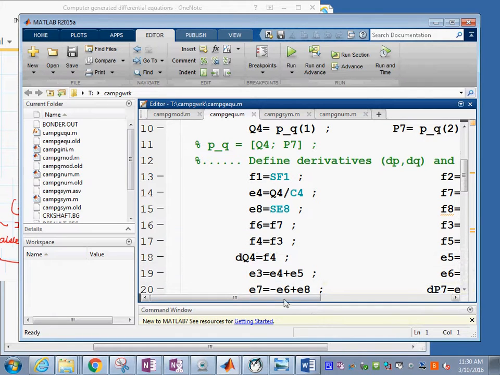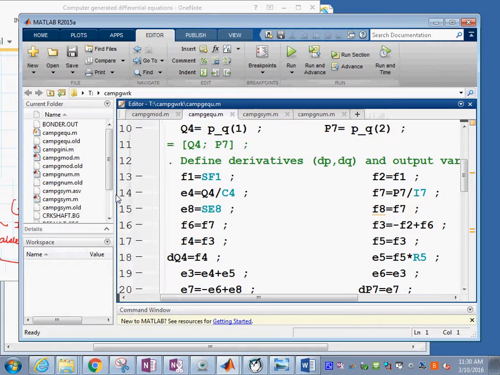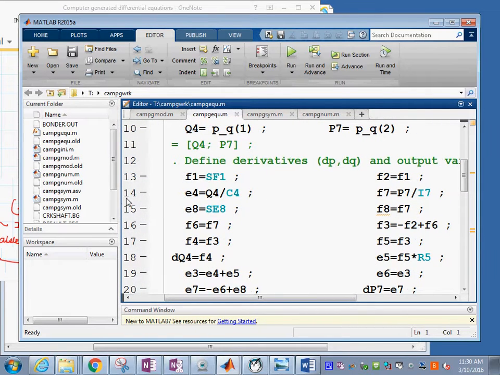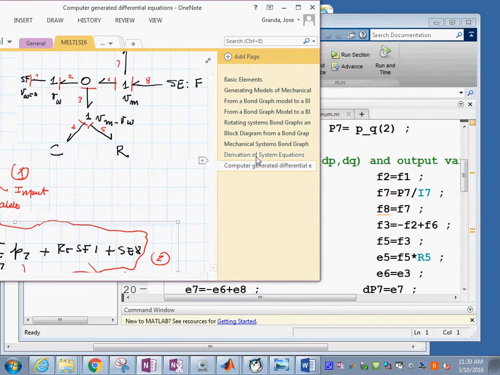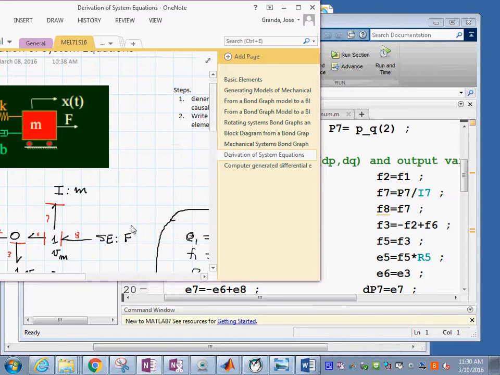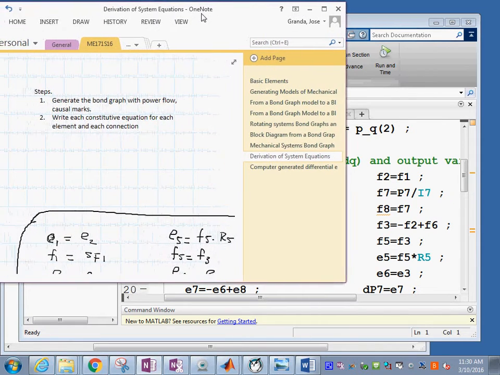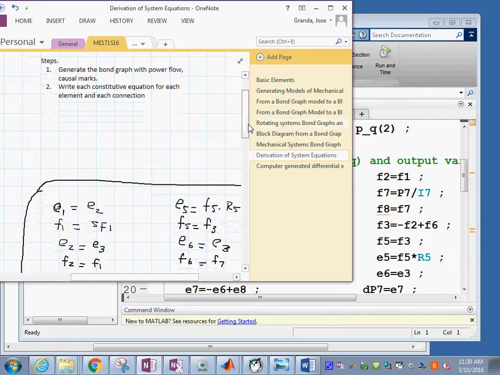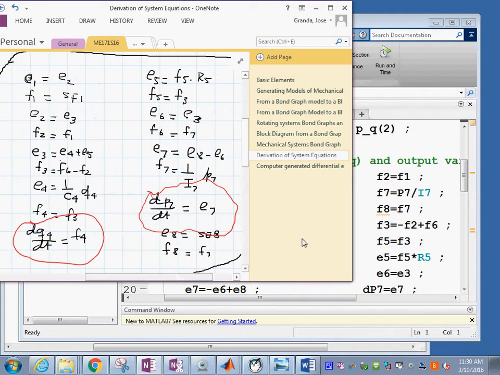These ones right here, see? These equations, you see where it says dq support is F4, F4 is F3, like this, and you have F1 is SF1. See this one? Right here is this one, right there, and so on. So all the equations you have, you see in here.